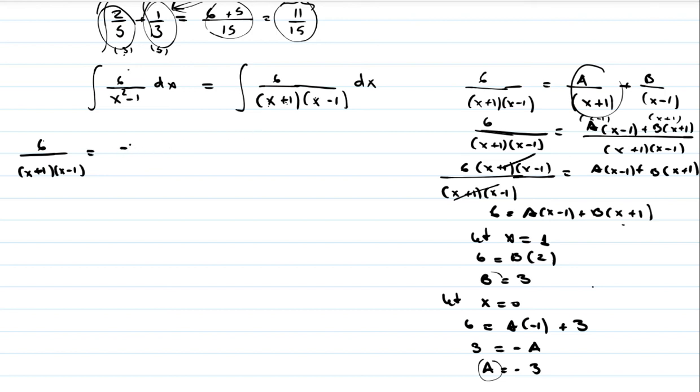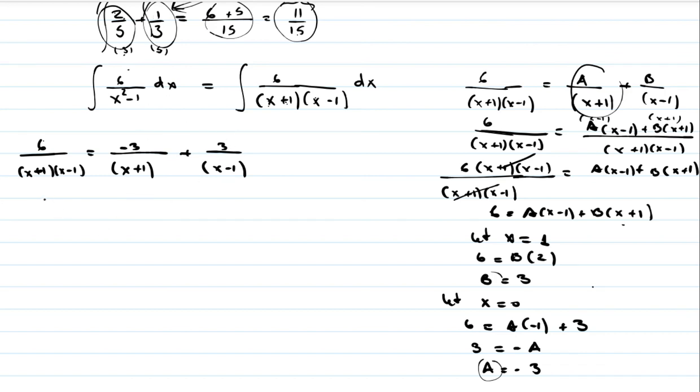A is minus 3, so minus 3 divided by x plus 1 plus, what is b? B is 3 divided by x minus 1. So now we have managed to take this main fraction here and convert it into partial fractions. So we managed to come from here to here.